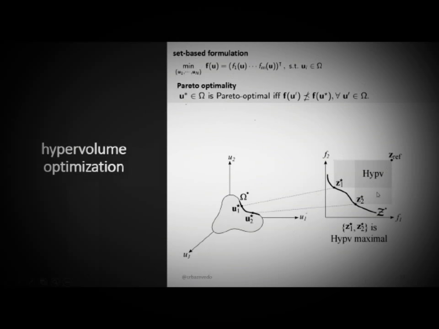So all this region behind Z2 lie points whose performance is Pareto dominated by Z2. And when you perform the union of those regions and compute the area, then you have a means of measuring progress in this problem.